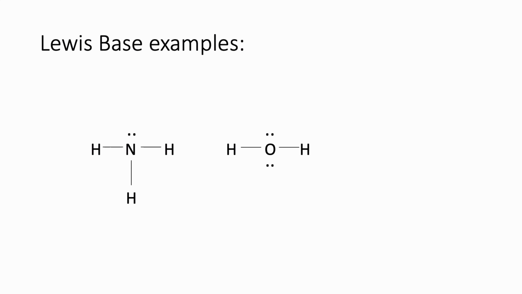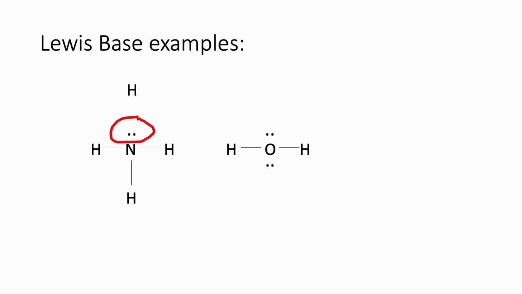Here are two things that serve as Lewis bases. Let's start by looking at ammonia. Remember that ammonia accepts a proton to become NH4+, its conjugate acid. How does it do that? Well, it's got this electron pair here, so that when a proton comes past, that electron pair can bond with the proton.